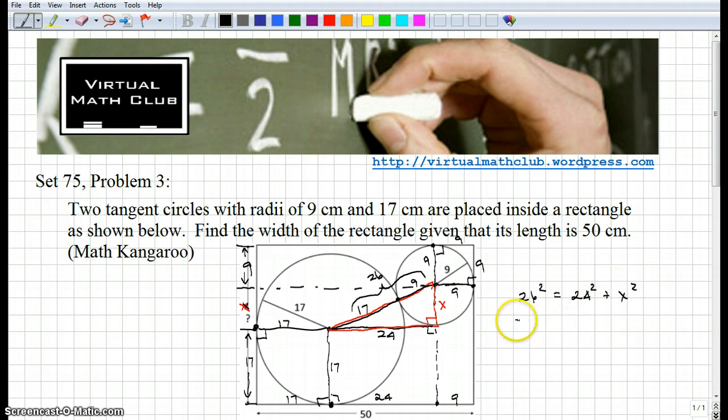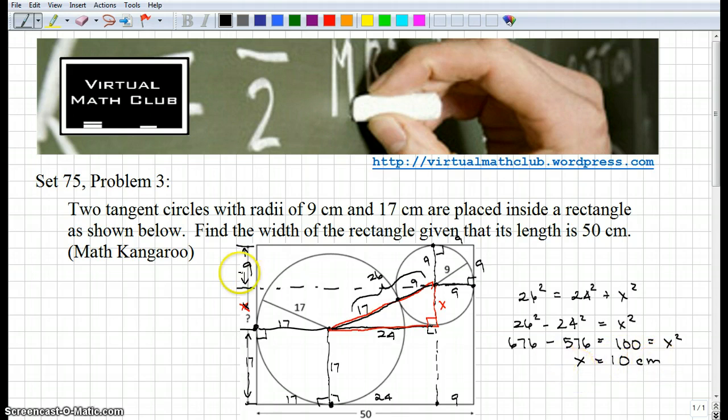Or I can write it as 26 squared minus 24 squared is equal to x squared. Let's work this out. 26 squared is 676. 24 squared is 576. Take the difference of those two, you get 100. So x squared is 100, so x is equal to 10. And these are all in centimeters.